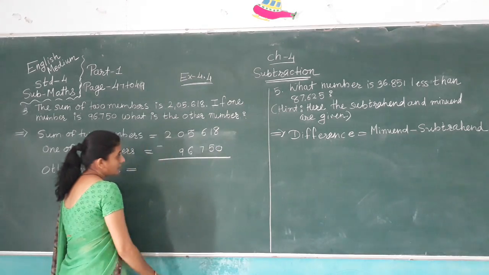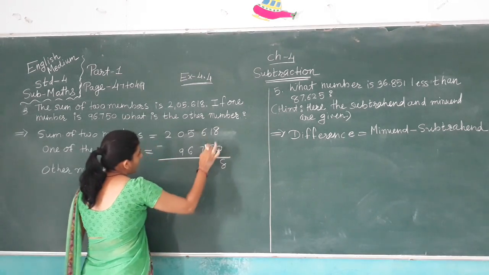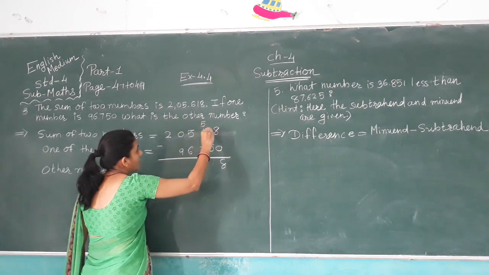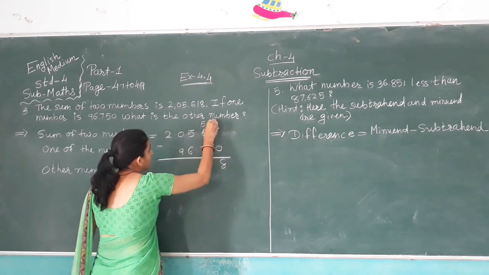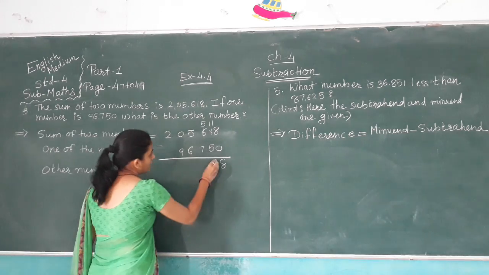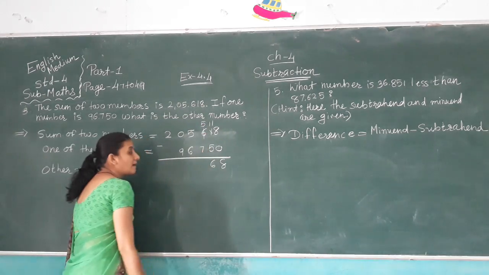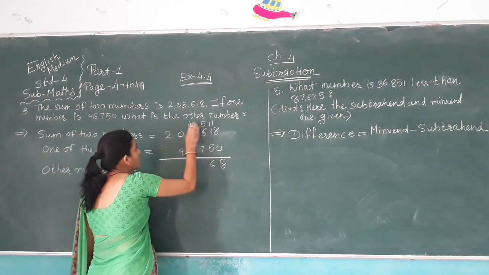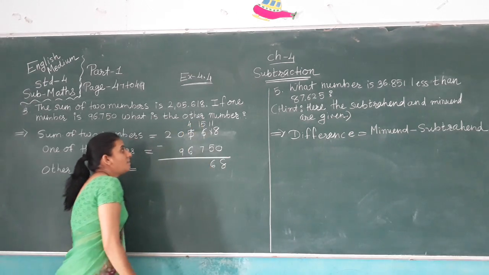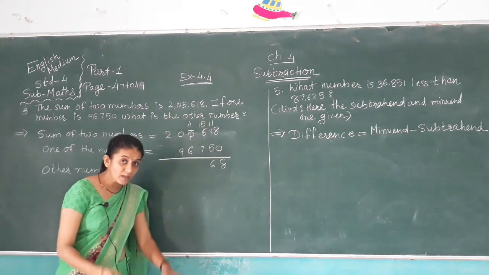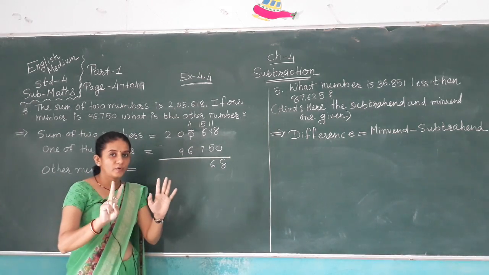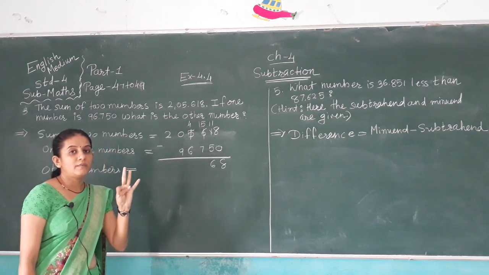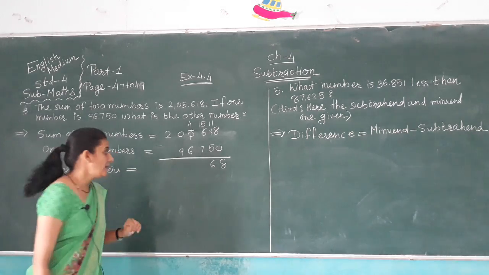8 minus 0, 8. Again 1 minus 5 is not possible. Cut here 6, write here 5. Cut here 1, write here 11. 11 minus 5, 6. 5 minus 7 is also not possible. Cut here 5, write here 4, here 15. 15 minus 7. Take 7 fingers. Before 15: 14, 13, 12, 11, 10, 9 and 8.